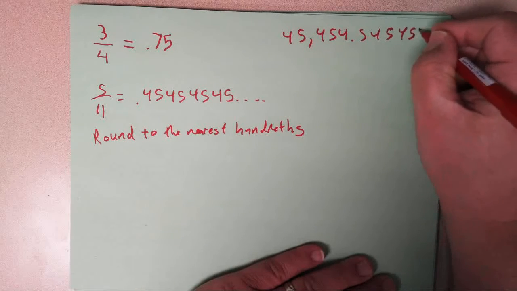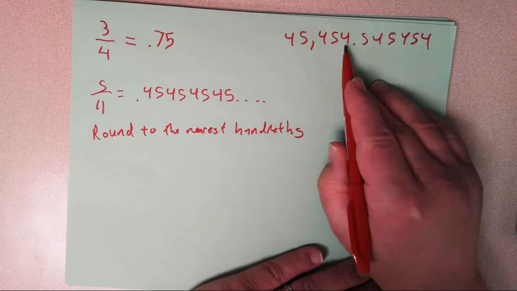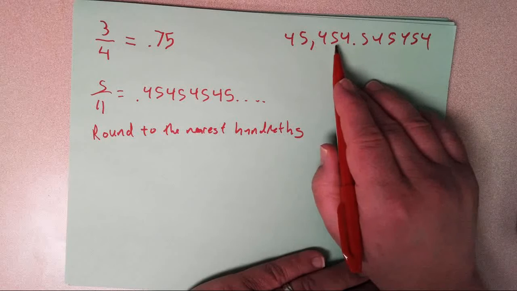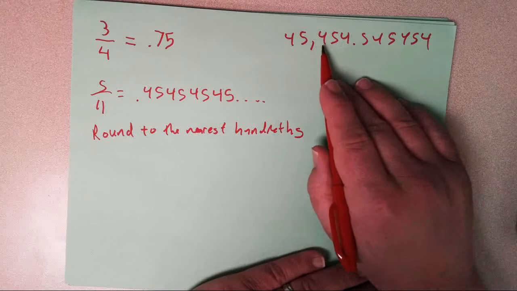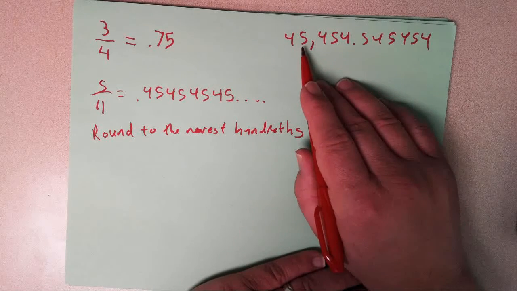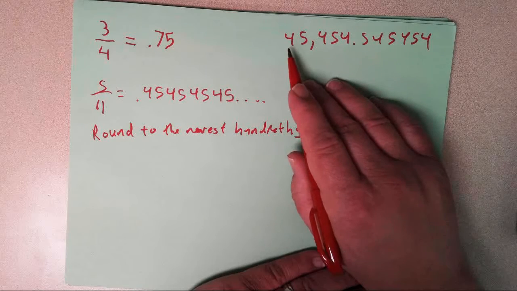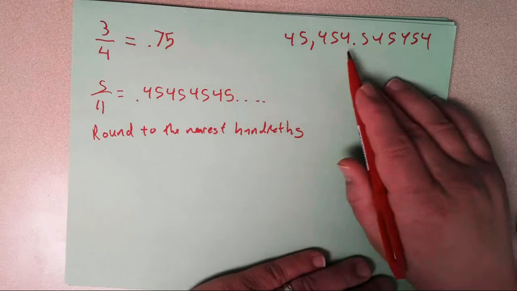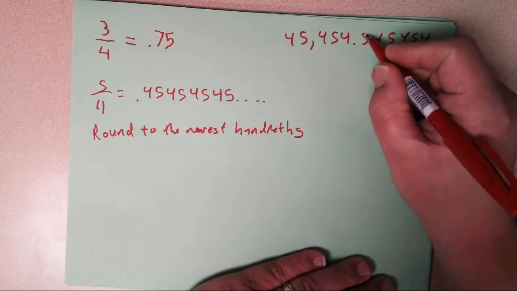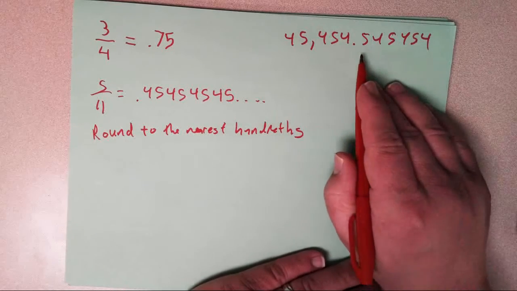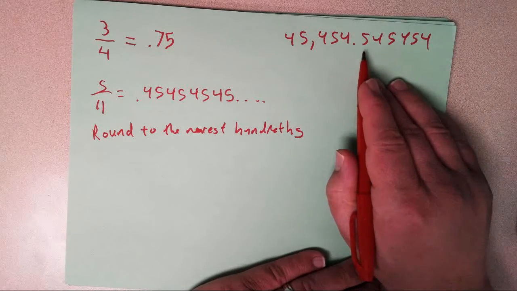Okay, this would be the ones place, the tens place, the hundreds place, the thousands place, the 10,000s place, and so on. So this number over here, this would be not the 1th place.